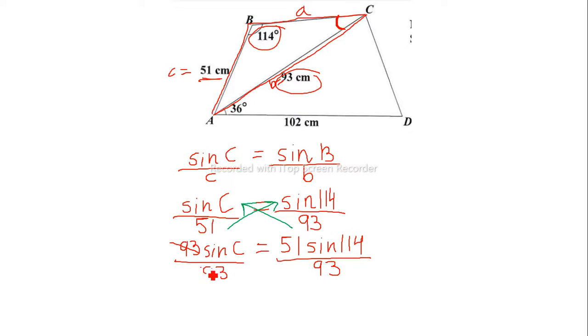So this 93 cancels with that 93, leaving us simply with sine of C, which equals 51 divided by 93, times sine 114.